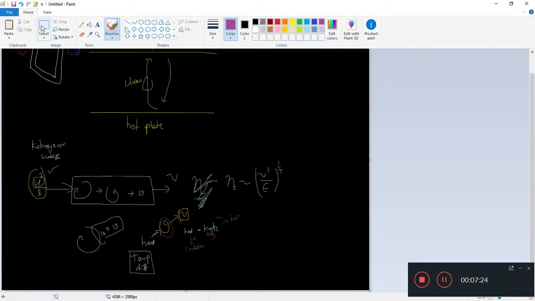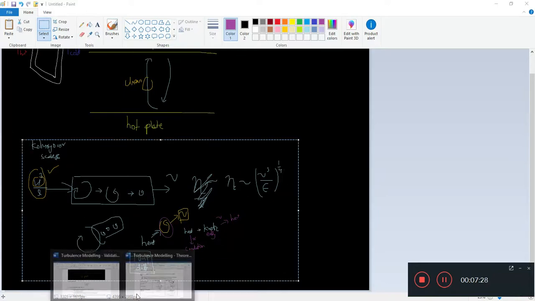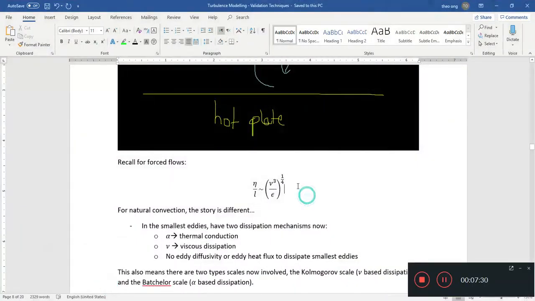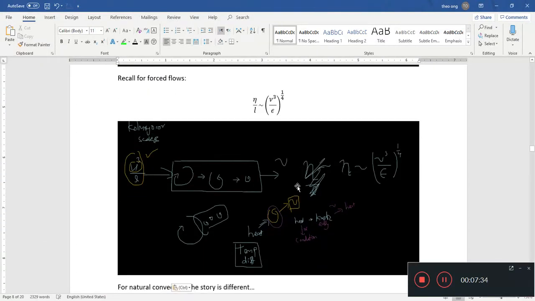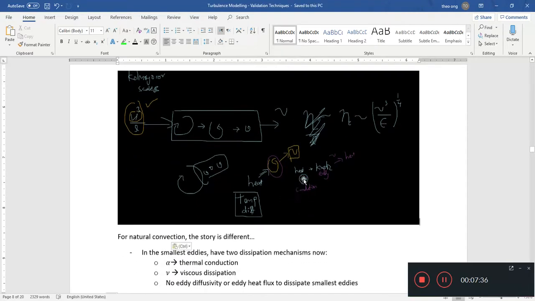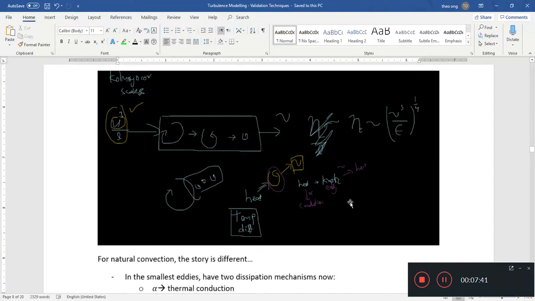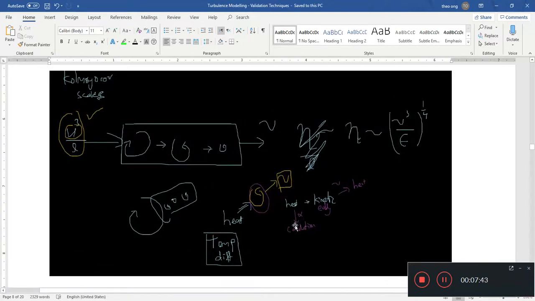So you cannot just assume that what was true for forced convection, i.e. that the Kolmogorov scales are the smallest, is the same over here, because now at the smaller scales you have a conduction phenomenon that can drain energy from your smallest eddies.